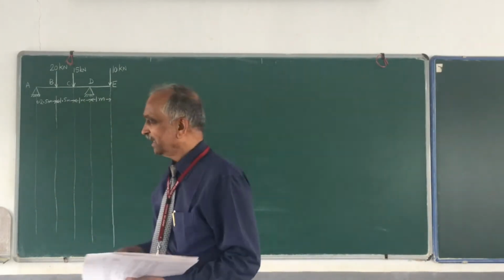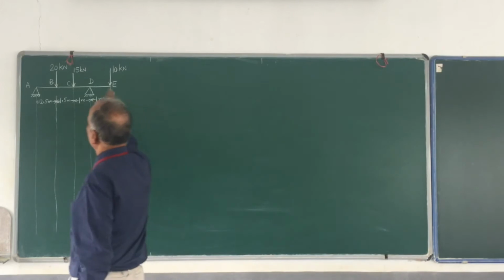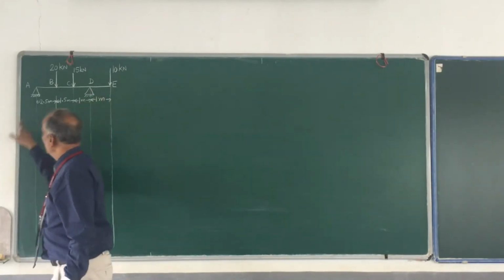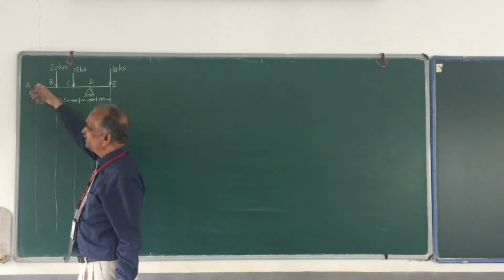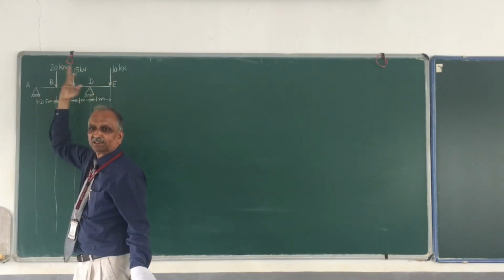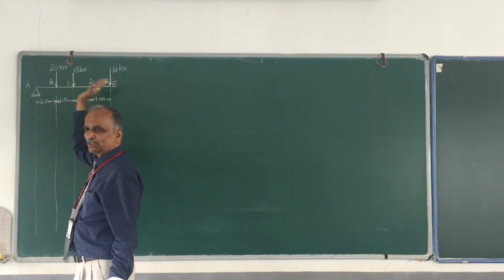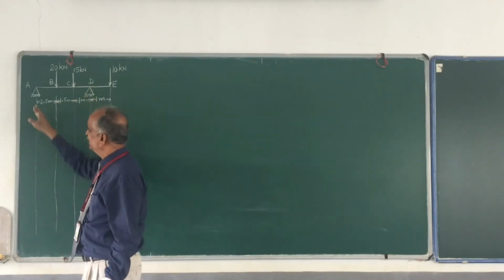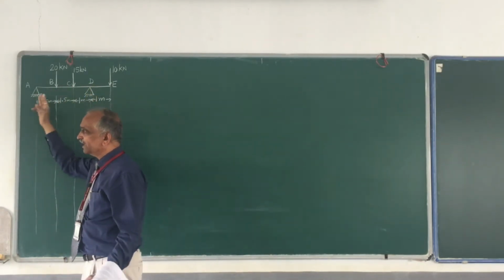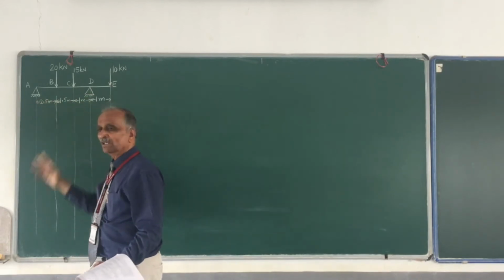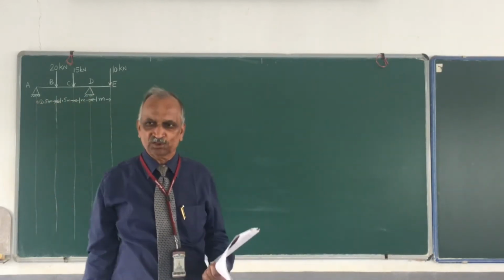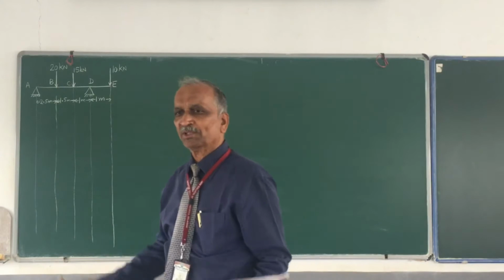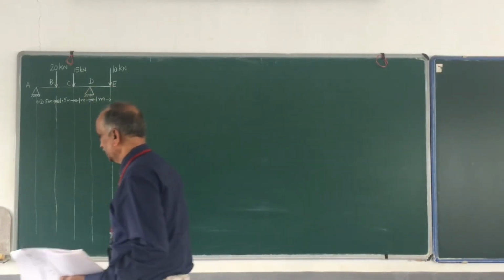Even if you have a horizontal support here, it is not required because there is no horizontal external force. Similarly here also the horizontal support is not required. Both of the supports are as good as roller supports, because we are going to have reactions only in the vertical direction.